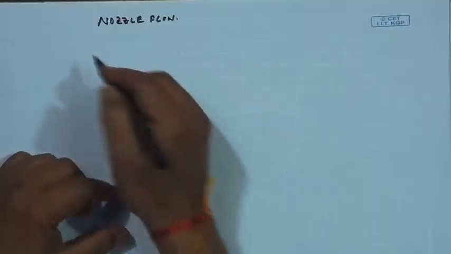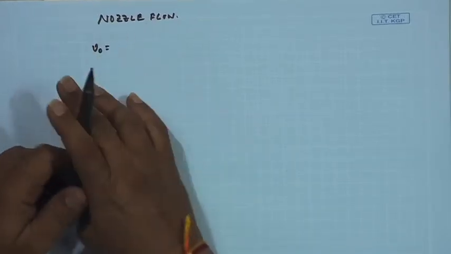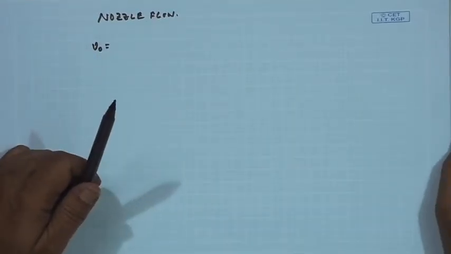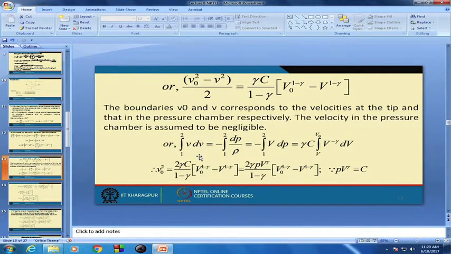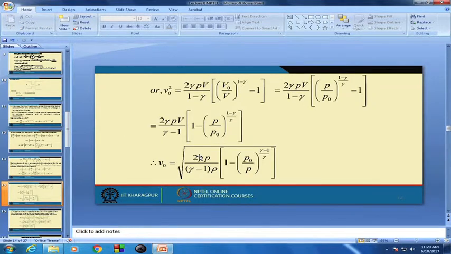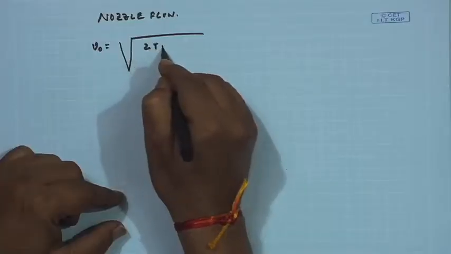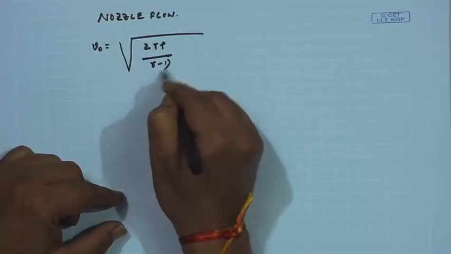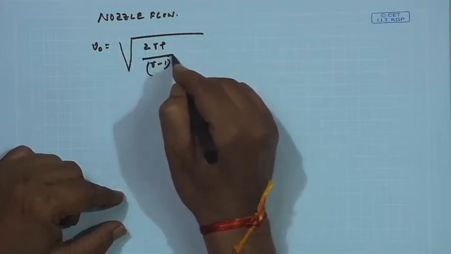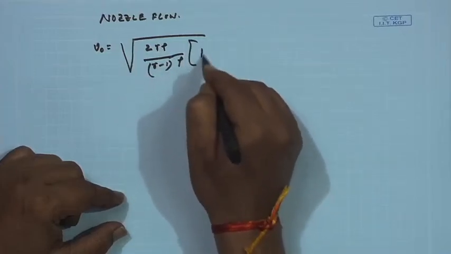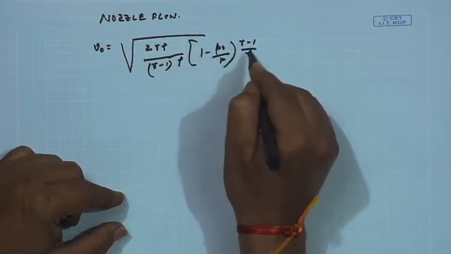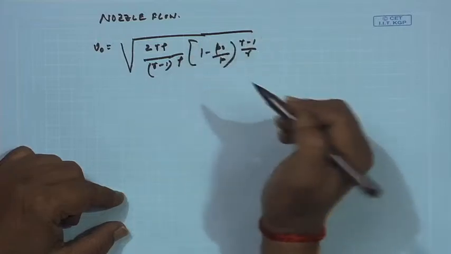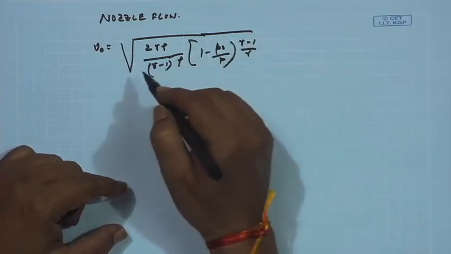Now, if you remember, we had given that V0 is equal to under root 2 gamma p divided by gamma minus 1 into rho into 1 minus p0 by p to the power gamma minus 1 by gamma, right. This was our normal velocity.